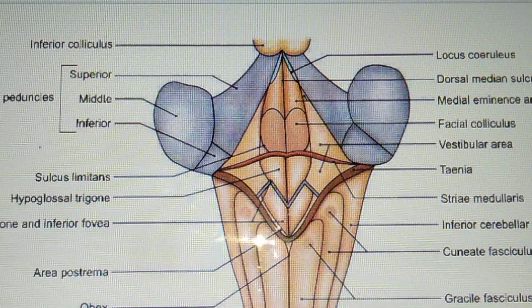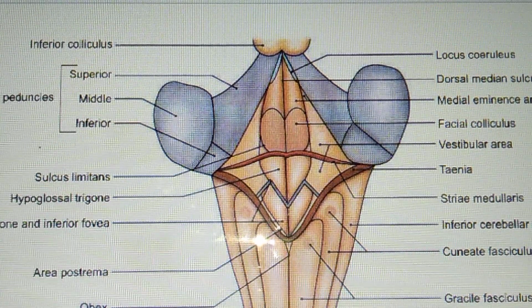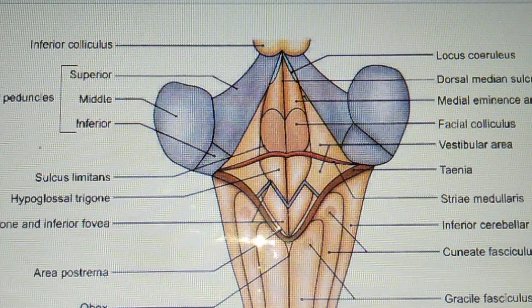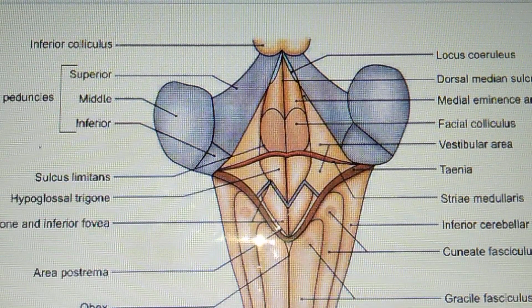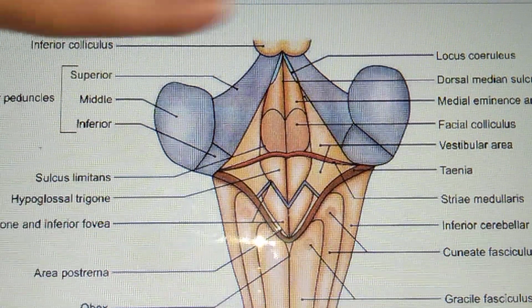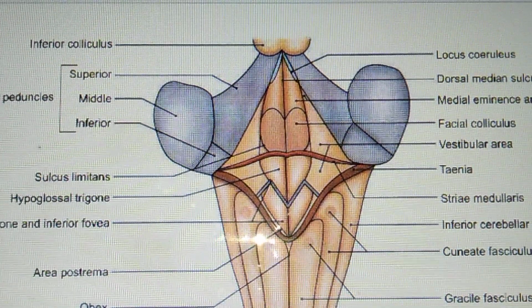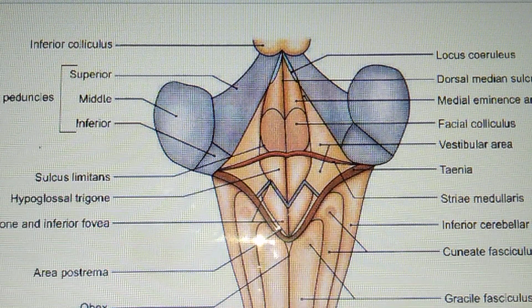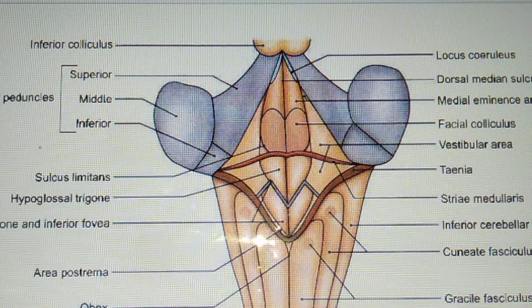Next is a very important part of the fourth ventricle, the floor of the fourth ventricle. The floor is also called the rhomboid fossa because it is rhomboid in shape. The floor is formed by the posterior surface of the lower or closed part of the pons and the posterior surface of the open part of the medulla.